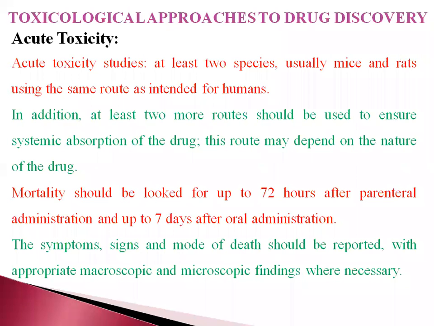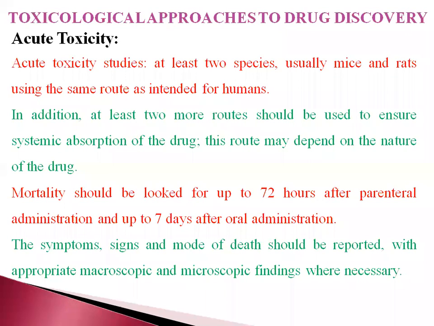Toxicological approaches to drug discovery: acute and chronic. So in acute toxicity studies, what do we do? Acute toxicity studies are generally carried out on mice and rats, using the same route as intended for humans. In addition, at least two or more routes should be used to ensure systemic absorption of the drug.